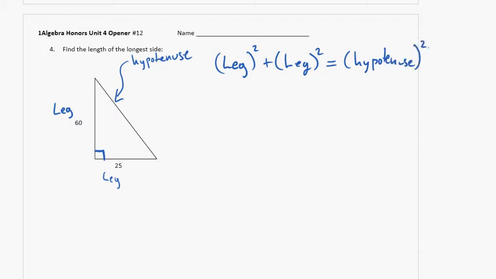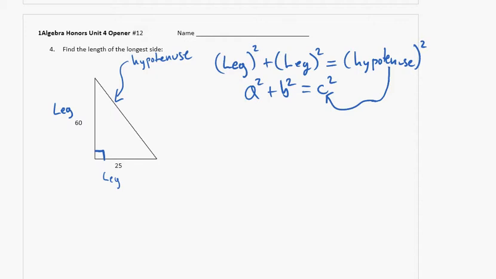Now, instead of writing out the words, a lot of people just write a squared plus b squared equals c squared for the Pythagorean theorem. It's just really, really important that you remember c absolutely positively has to be the hypotenuse. It can't be one of the legs. All right. Well, knowing that, let's do this problem.